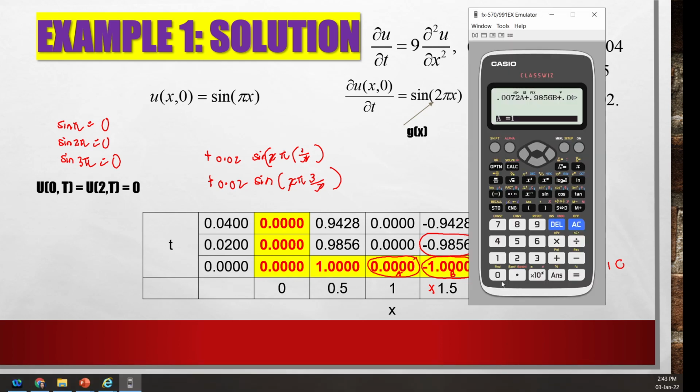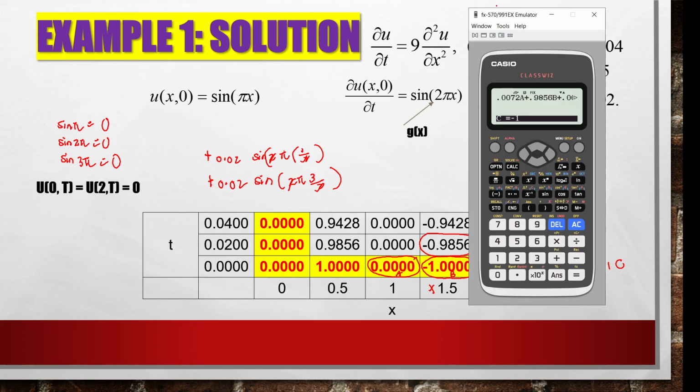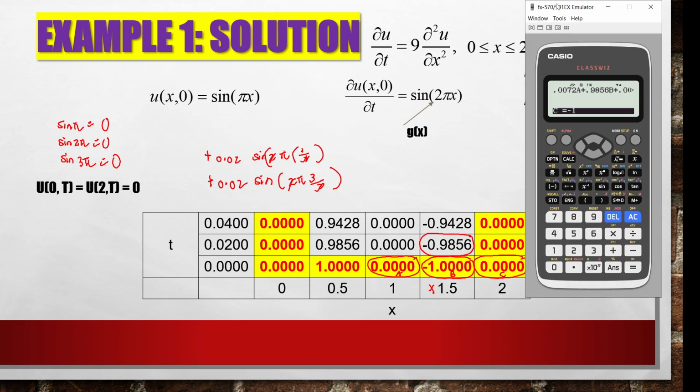So A is now 0, B is -1, C is 0, X is 1.5. So you get -0.9856.